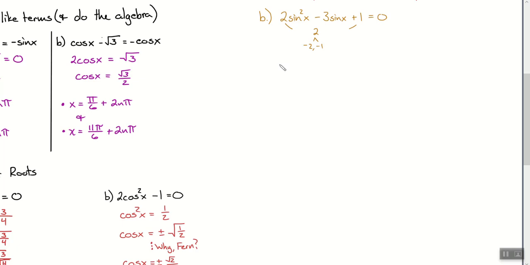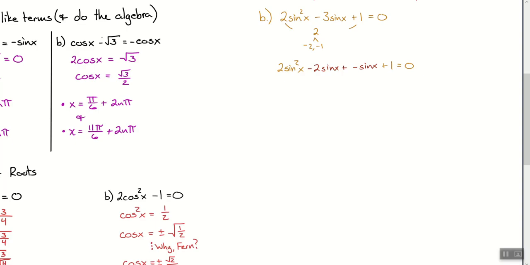So I'm going to rewrite this entire expression where I will replace -3 sine x with -2 sine x plus a negative sine x. So there's my -3 total in that dark red color. And we'll go one step further and say plus 1 still equals 0.